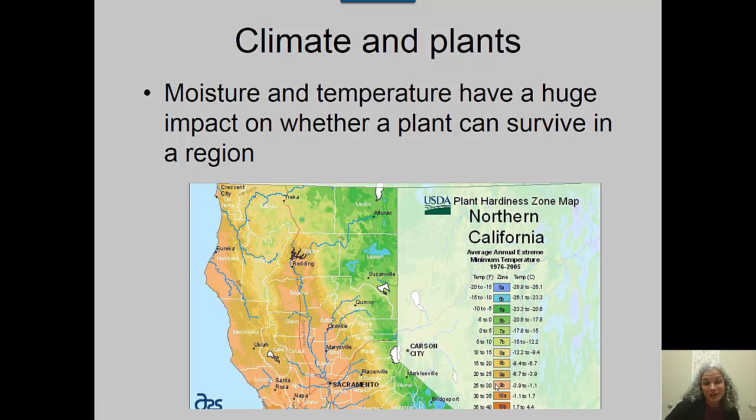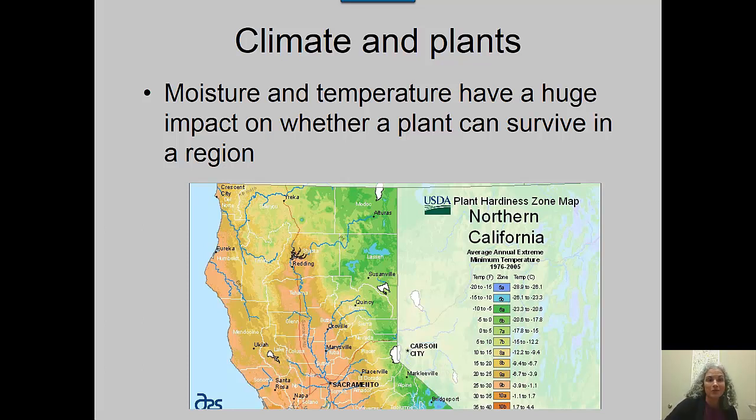So when you're at the nursery and you're buying seeds to plant in Mount Shasta City, you're going to want to buy ones that have these lower codes, 6A, 5B. Plants that have the higher numbers, 10A, 10B, they're probably not going to be able to tolerate the cold temperatures in the winter, and they're not going to be able to overwinter in these colder regions of Northern California.